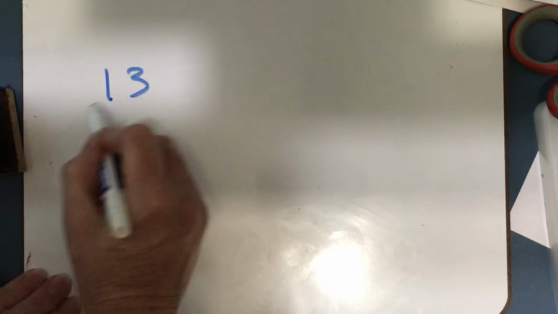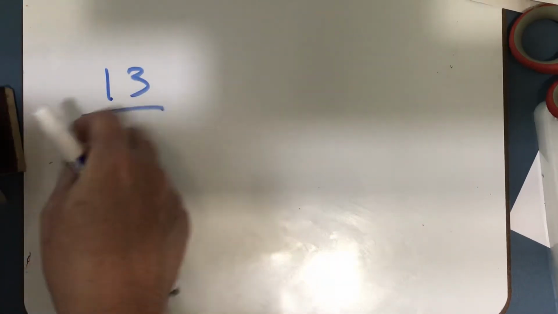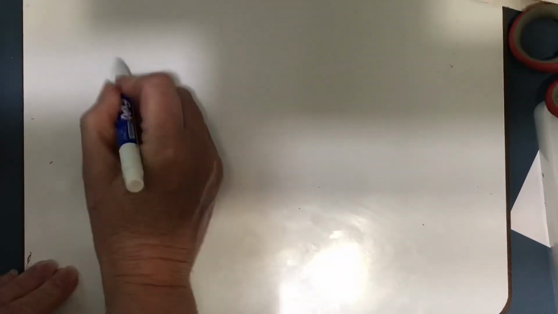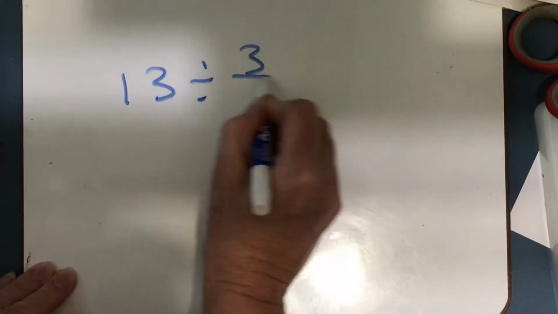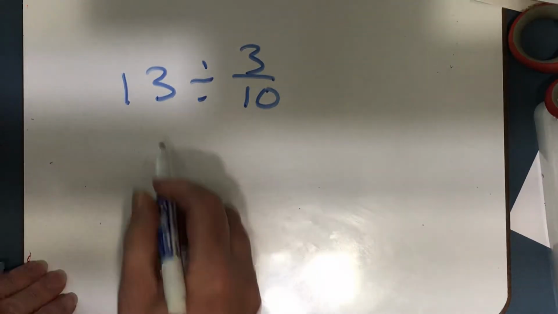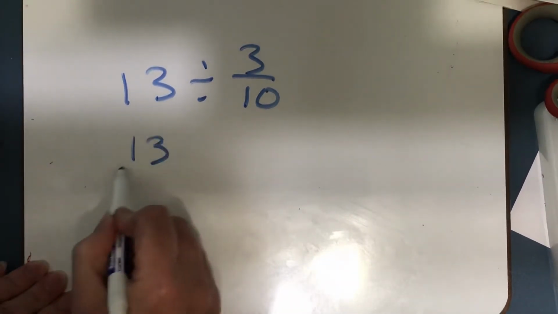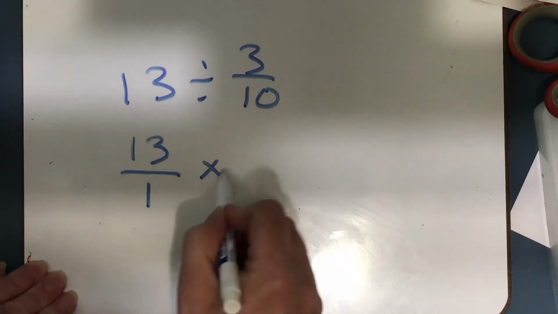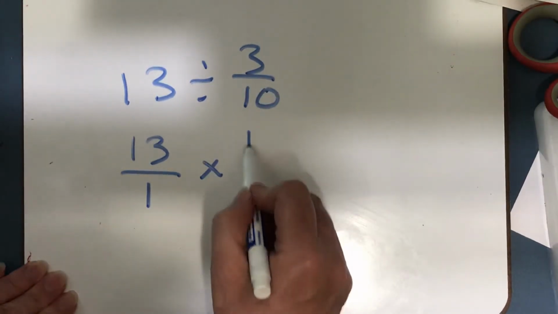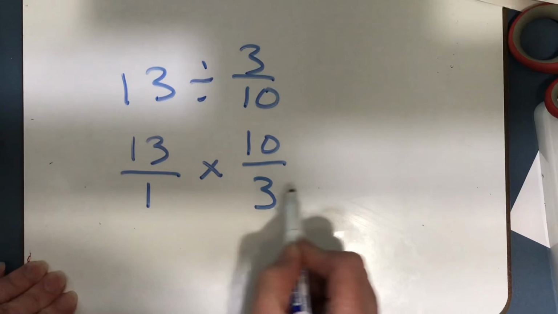All right, let's take another one. Let's do 13 divided by 3/10. First I rename the whole number as a fraction. 13 over 1 times the reciprocal of my divisor, 10/3.